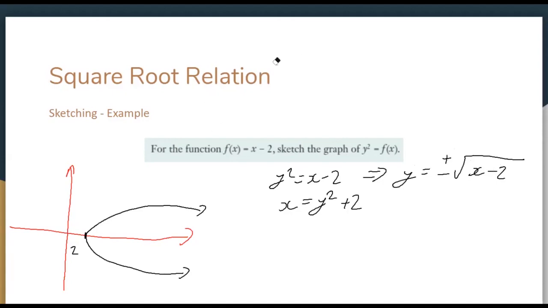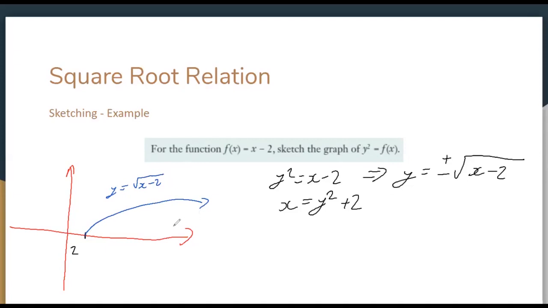And so if we graph these two functions, what we find is that when we have the positive root of x minus 2, we get an expression that looks like this. So this is y is equal to root x minus 2.